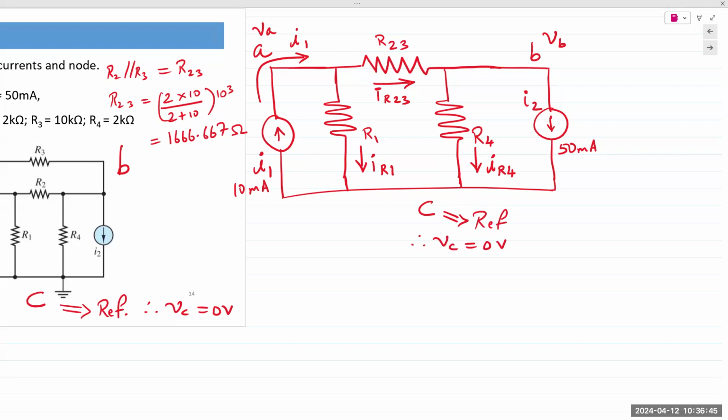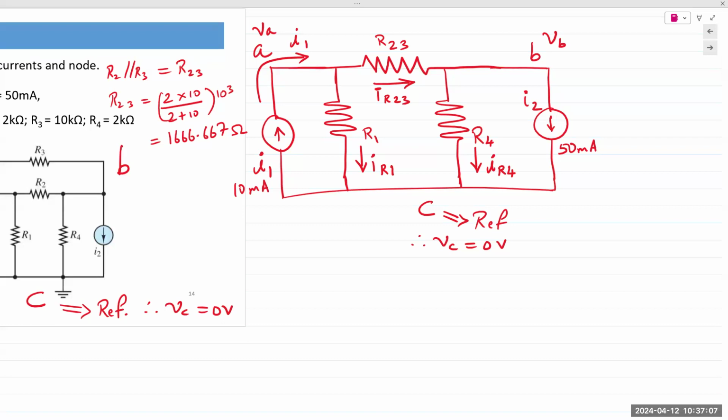What else is left? Any guesses? Any ideas? We marked, labeled the nodes, node voltages. We chose current directions. How about voltage polarities?